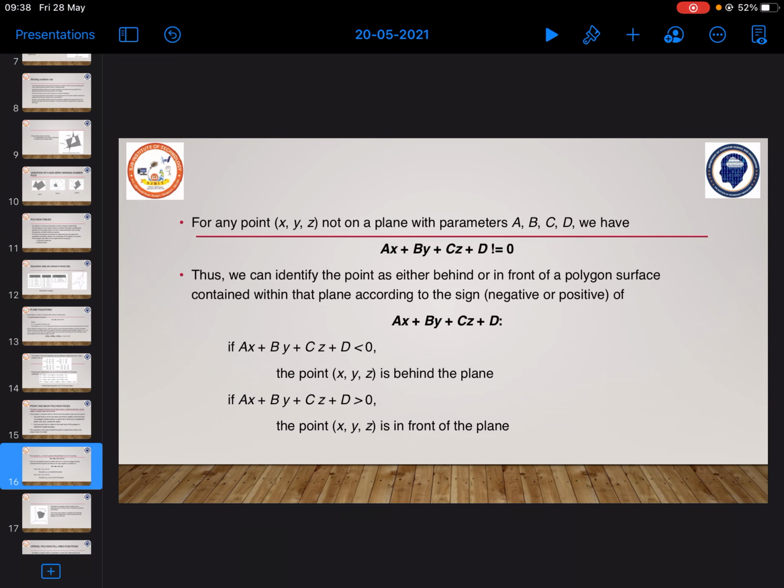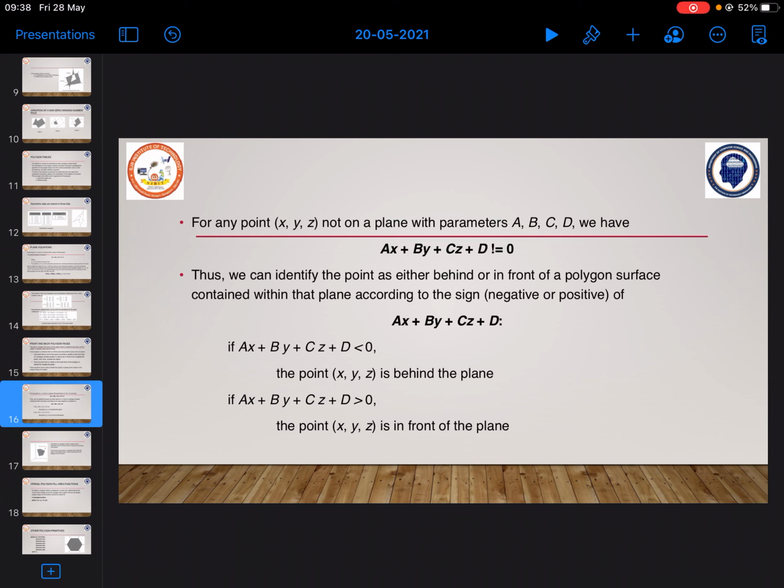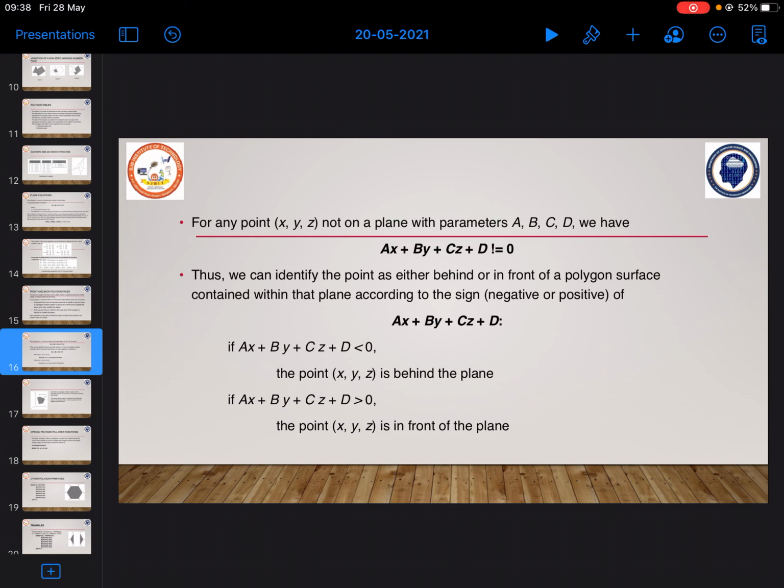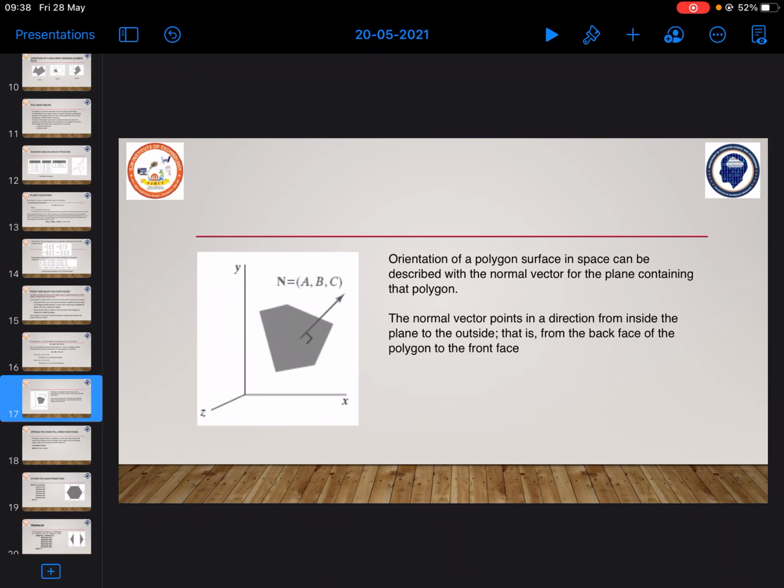When do we say that a point is behind the plane or in front of the plane? If ax plus by plus cz plus d is less than 0, it is behind the plane. If ax plus by plus cz plus d is greater than 0, it is in front of the plane. So this is the normal vector. Thank you, students.